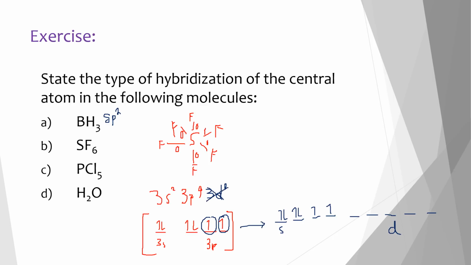But actually sulfur has an empty d orbital, so that means the electron from the s can move to the d orbital and the electron from the p can move to the d orbital. So when you move the electrons, it will become like this.